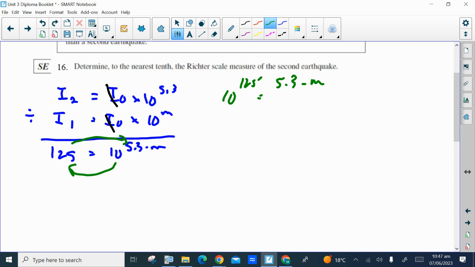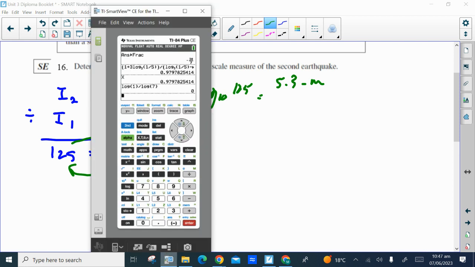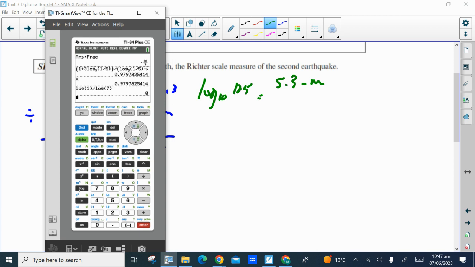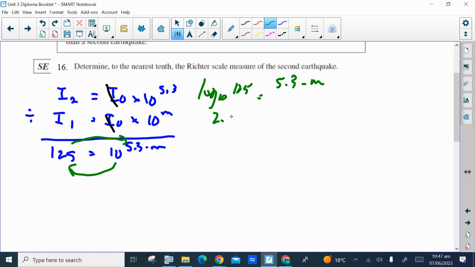I'm sorry, log base 10 of 125. I'm converting to logarithmic. And the nice thing about this is, again, it's a log with a base of 10, so that's a common log. You can just go log of 125, which is 2.0969.